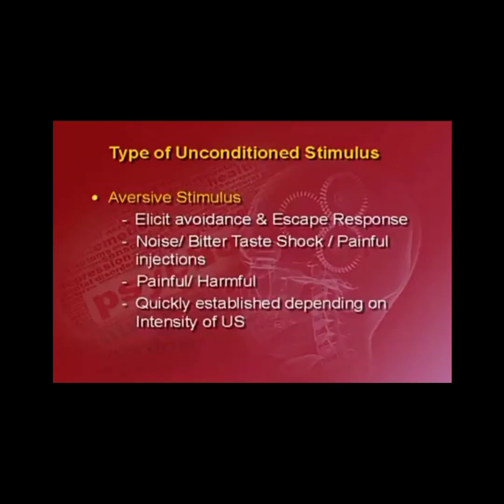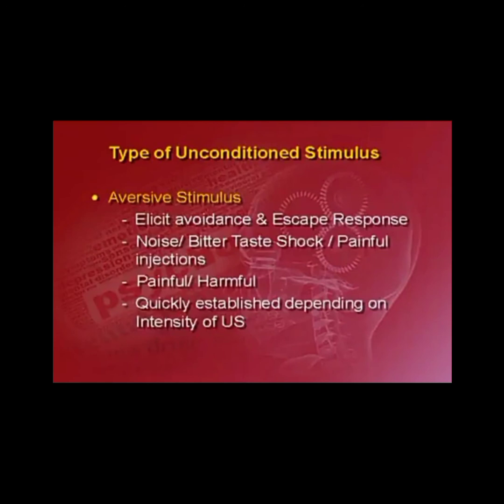The other type of stimulus that is used in classical conditioning is aversive stimulus. Examples of aversive unconditioned stimulus are noise, a painful injection, bitter taste, electric shock. All these are examples of unconditioned aversive stimulus.